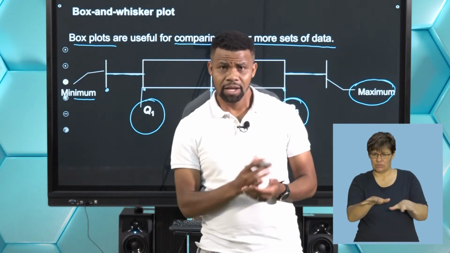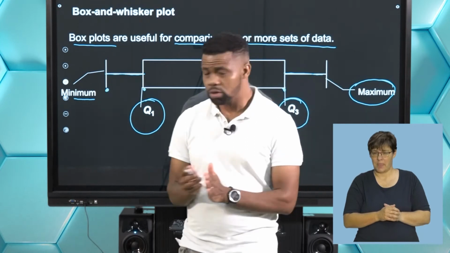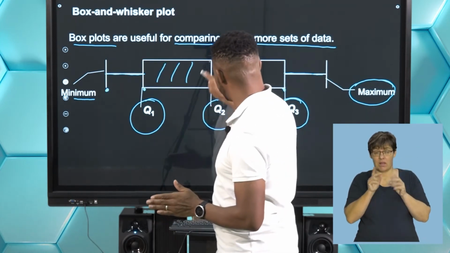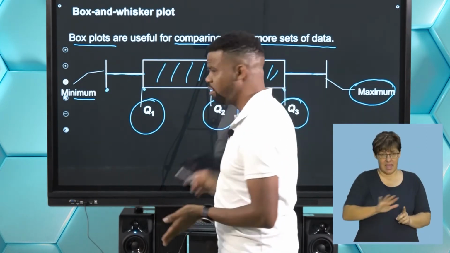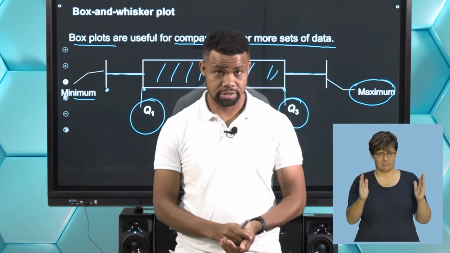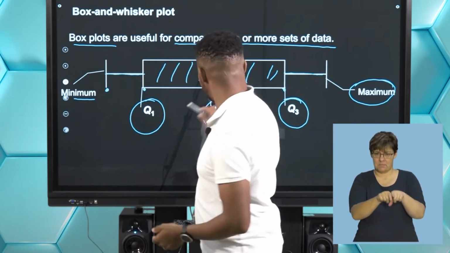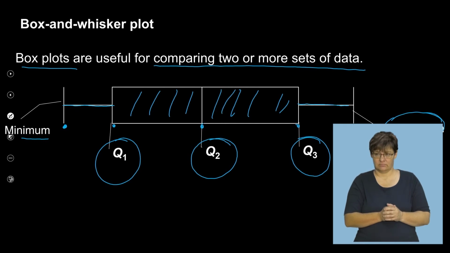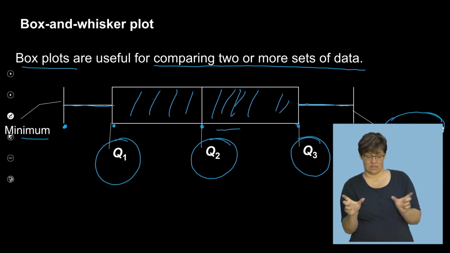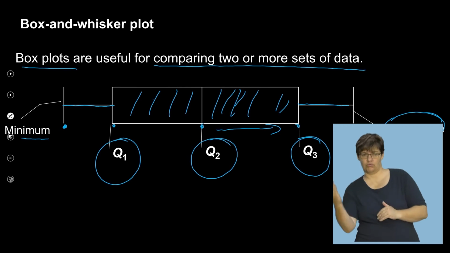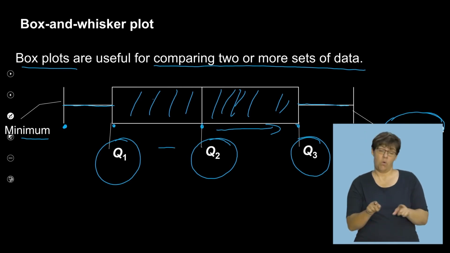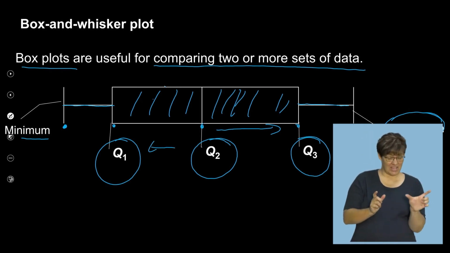So if we have a whisker plot and this area, this part is the same as that part, it's symmetric. But if this area is bigger than that, it's actually skewed to the right. And also it could be skewed to the left because the median is somewhere this side.